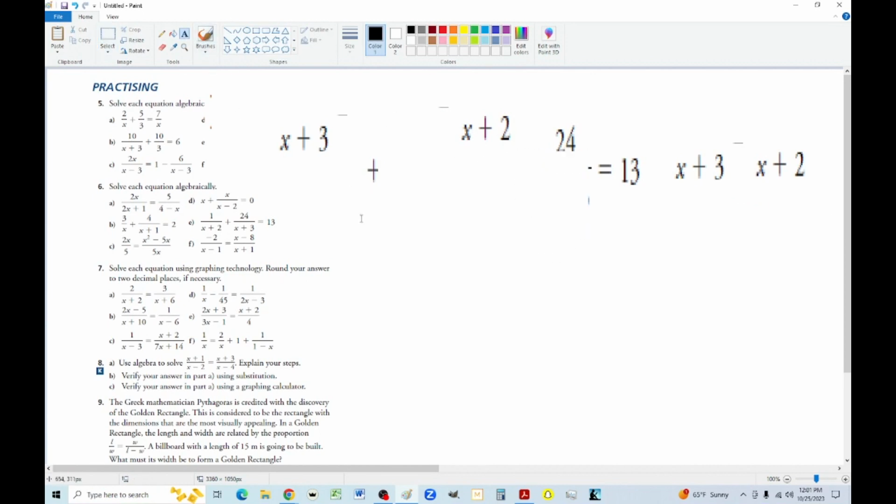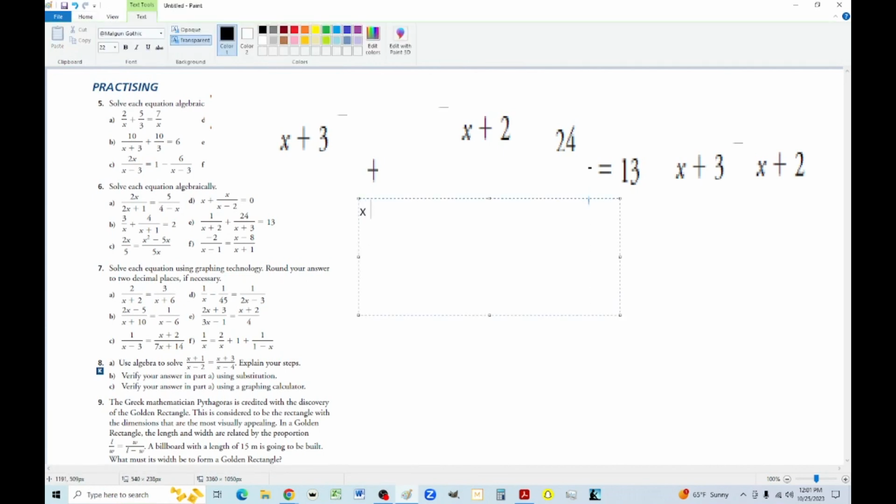So on the left, I'm left with x plus 3 plus 24x plus 48. And then before I do the 13, I'm just going to expand x plus 3 times x plus 2. I get x squared plus 5x plus 6. And then when I multiply the 13 through, I get 13x squared plus 65x plus 78.